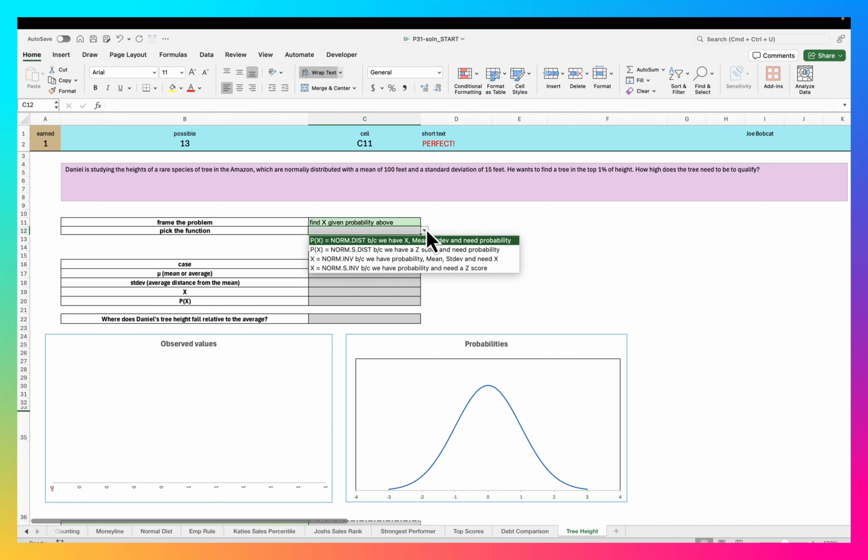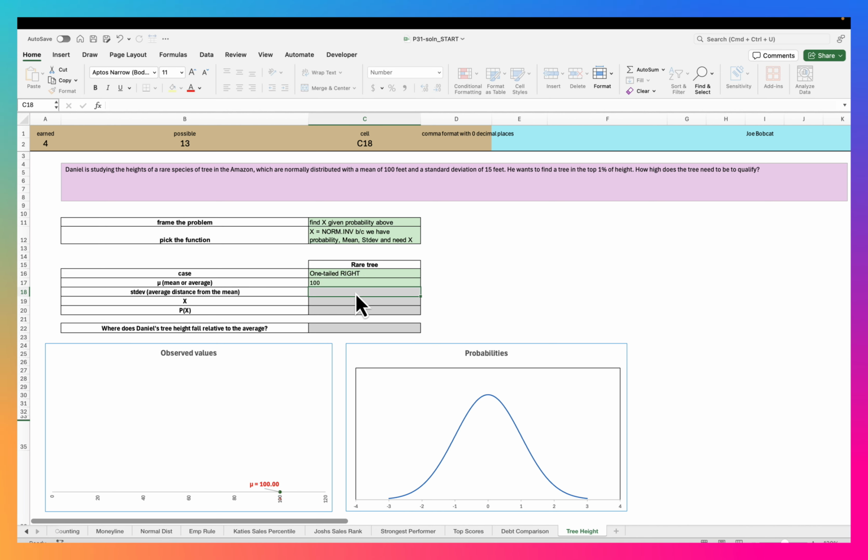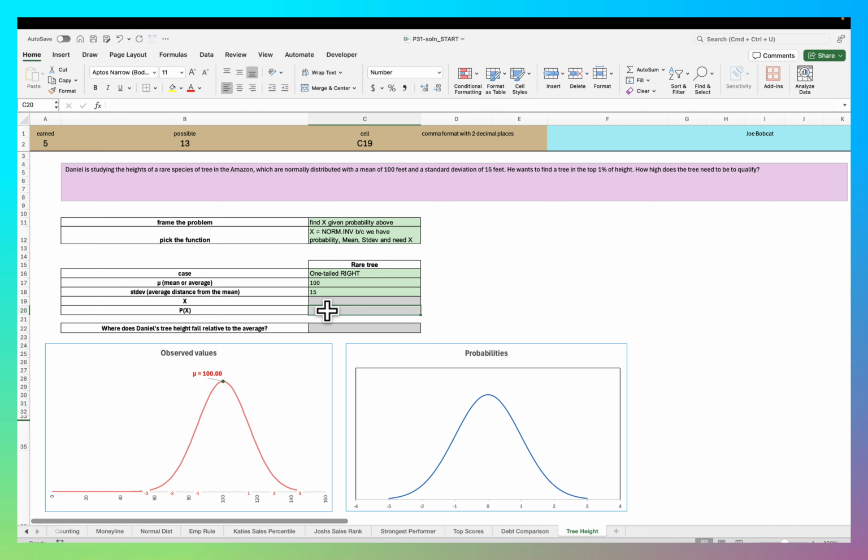Pick the function, and this time it's going to be norm dot inverse. And the case is one-tailed right. And mu is 100. Standard deviation is 15. X is what we're looking for, but we do have P of X, which is going to be the 1%. All right, so let's try to calculate this.